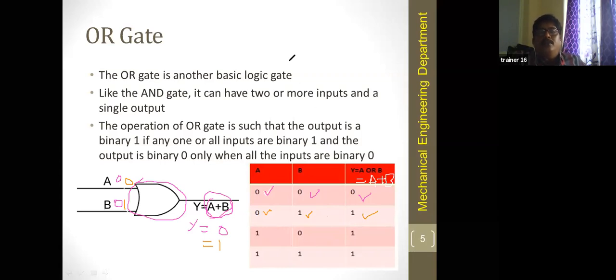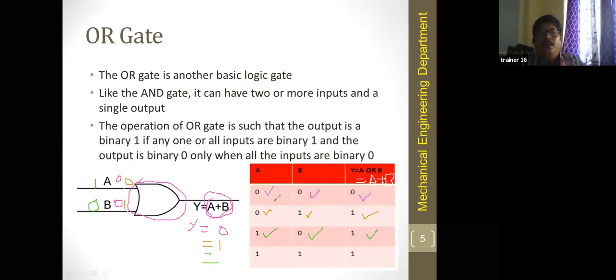So the next one, the input A is 1 and B is 0, then the output is 1 plus 0, which is equal to 1, right?